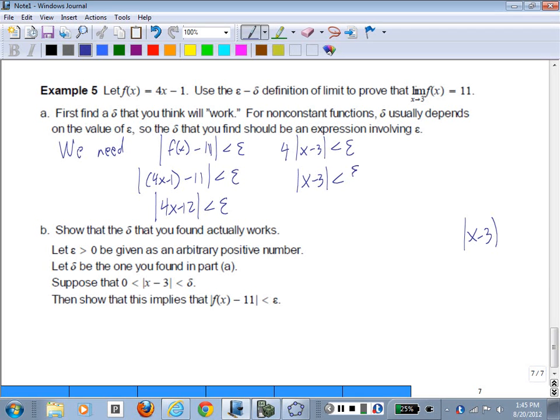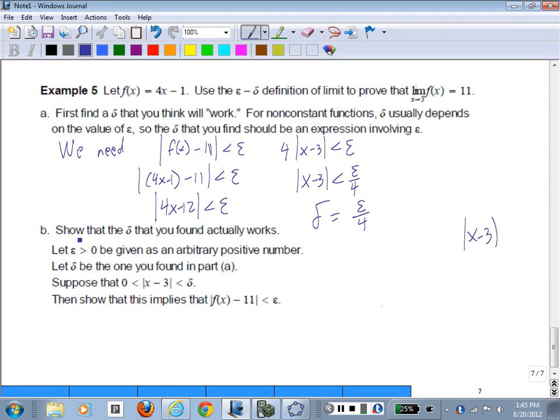This needs to be less than epsilon divided by 4, so that's our delta. Delta equals epsilon over 4. This can be considered just scratch work. It's really not part of the proof, but it's finding a delta that's going to work for an arbitrary epsilon.